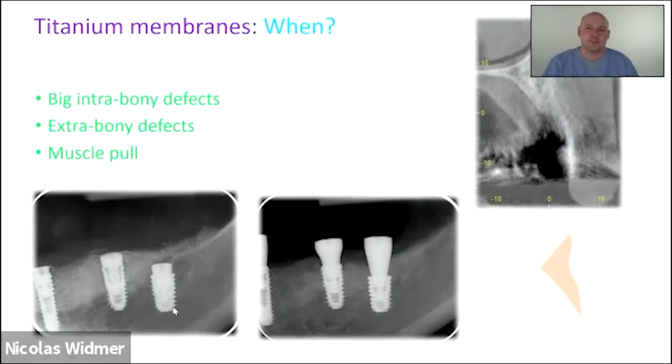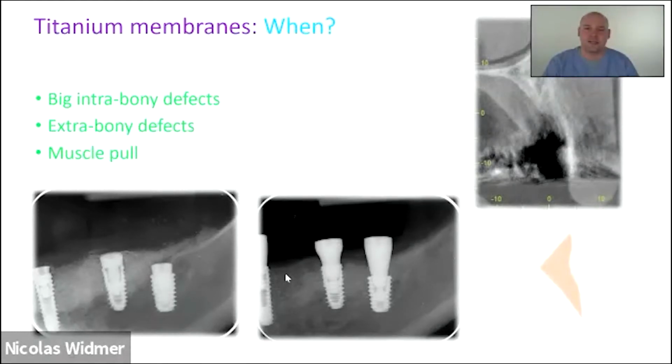You can also see an interesting case. I placed three implants. The mesial implant with a high cover screw, the implant in the middle with a titanium membrane, all this here is EthOss, and the third implant I placed deep with a high cover screw.